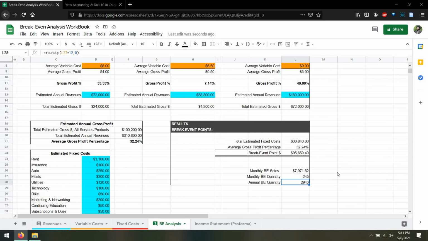So based on this, the break-even analysis is such a powerful tool because it shows you which products are doing well or not doing well, and based on that you can decide what to do about it. It tells you how many units you need to sell before you start losing or making money, or how much dollar amount you need to sell per year or per month before you start making any money.